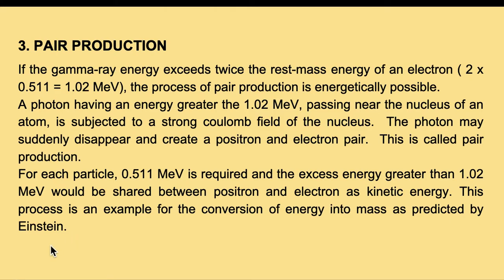We are saying that the rest mass energy of the electron is 0.511 MeV, meaning when an electron is completely converted into energy, that will be equal to 0.511 MeV. So if you have double that energy, it will be converted into mass, which is the electron and positron pair.